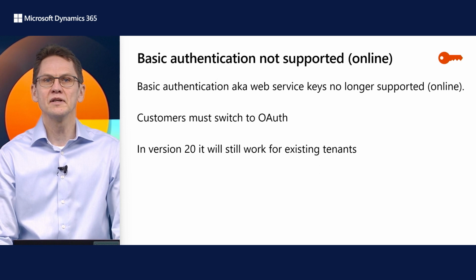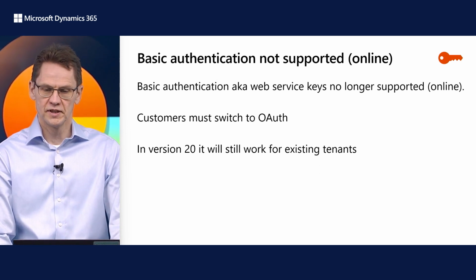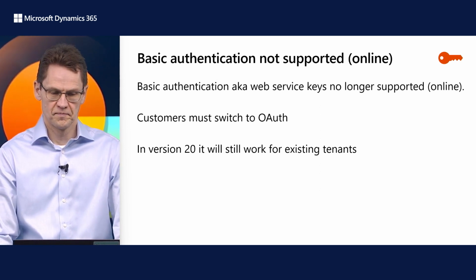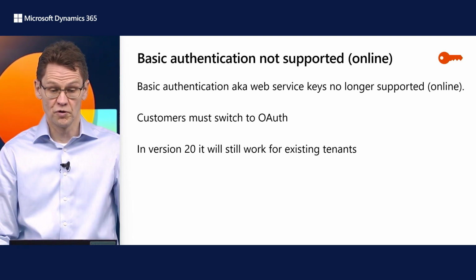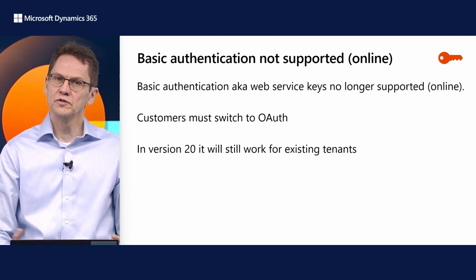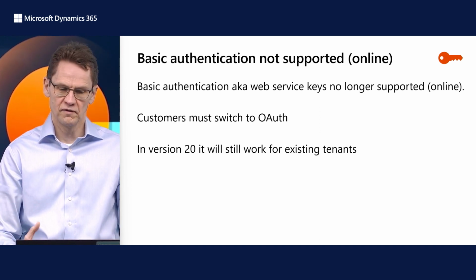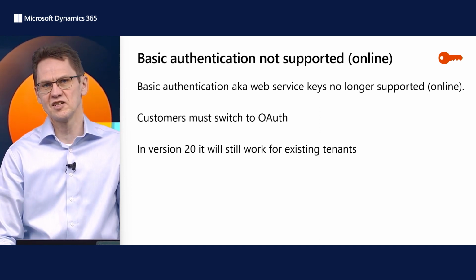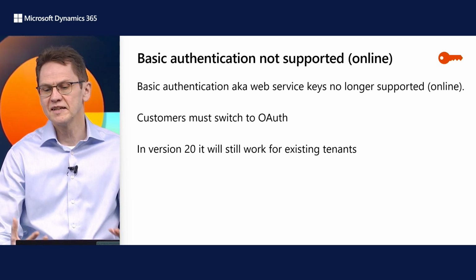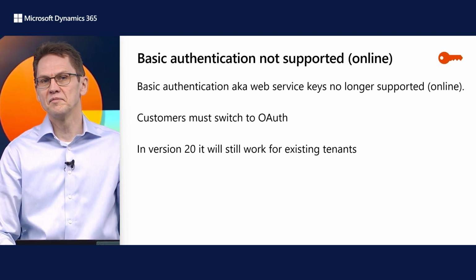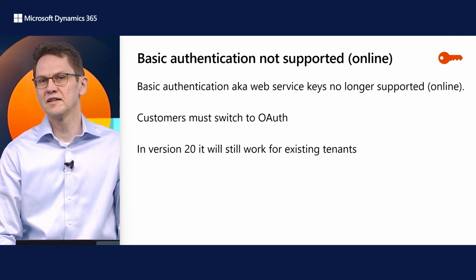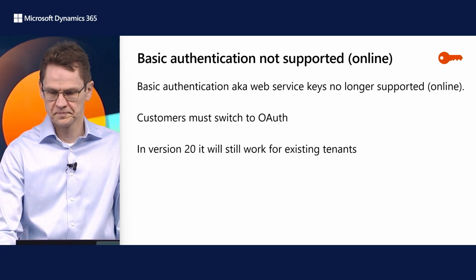Basic authentication will no longer be supported in our online solution. So customers must switch to OAuth. However, we know that it is a challenge to move over. So in version 20, for existing tenants, we will basically grant an exception and still allow these tenants to use basic auth.